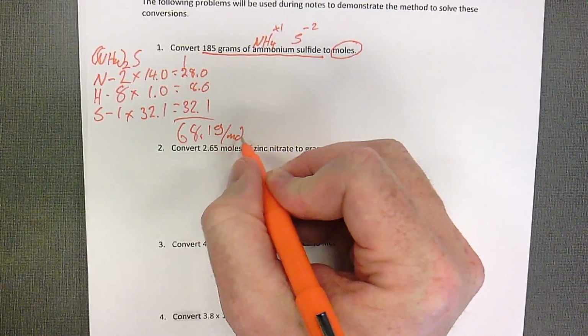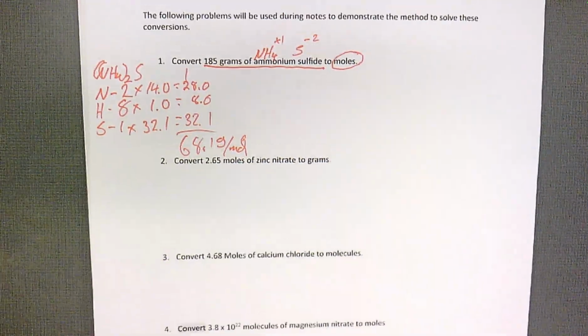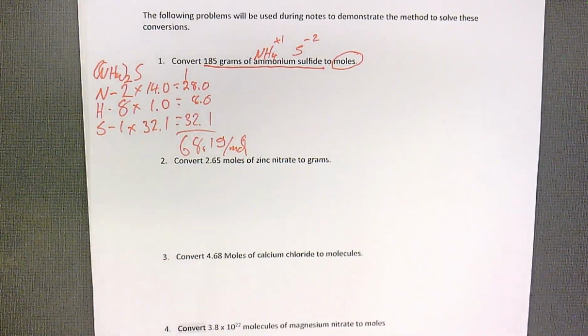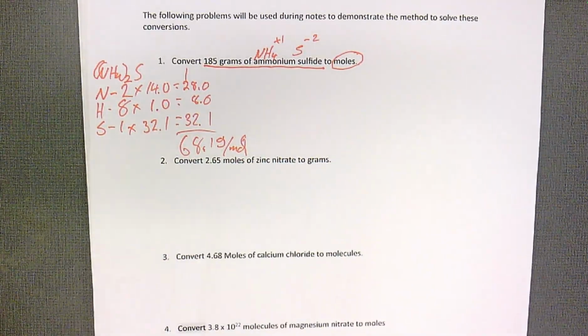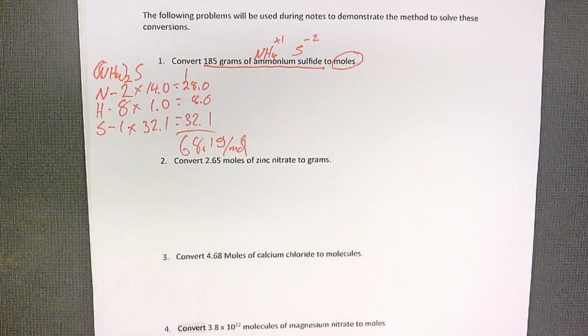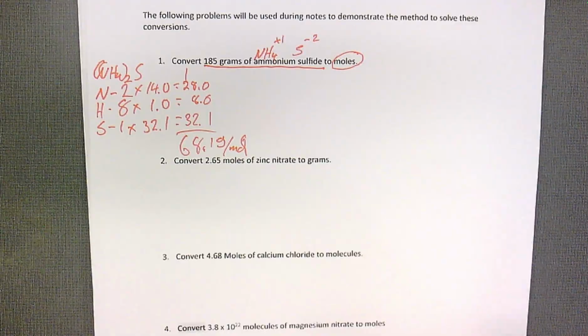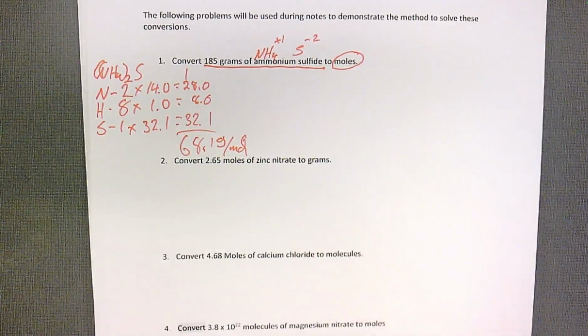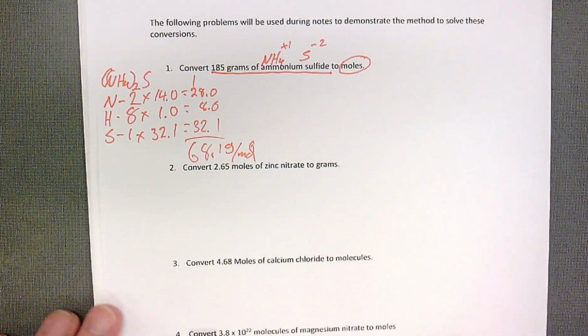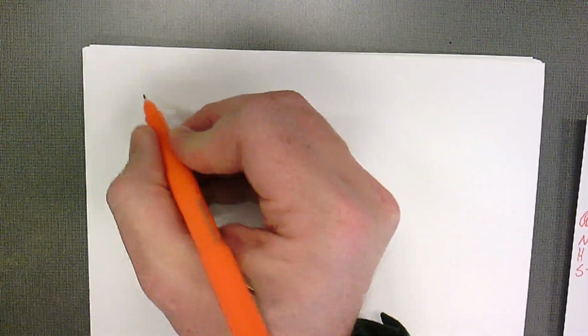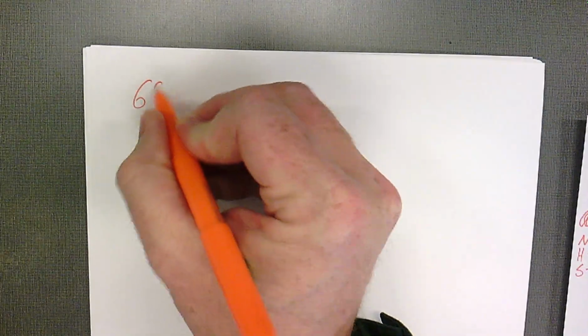Grams per mole. Okay, the abbreviation for mole is MOL, and I do the cursive one, but that's not a requirement, all right? So you can just write MOL. You can write it all the way out, too, if you want to. I'm okay with that. Now, this became kind of a point of confusion last hour, so I want to bypass that and see if we can do it.